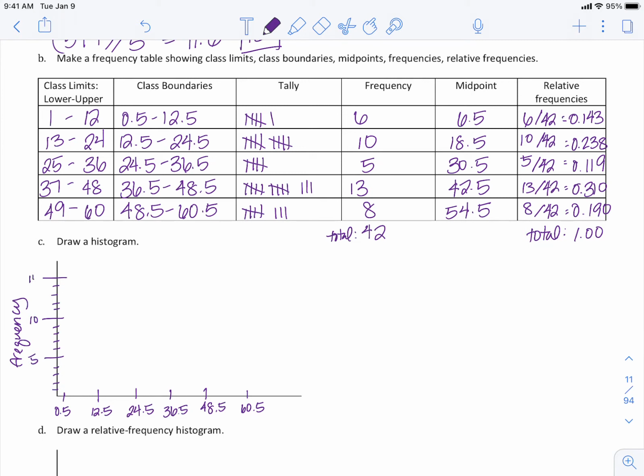I'm labeling every 5, but counting by ones. Okay, so it's our frequency, our x-axis. This represents months. Okay, so the height of our first class is a frequency of 6.